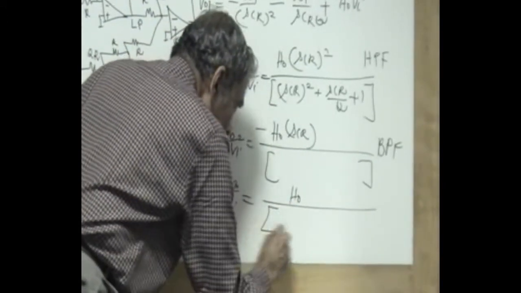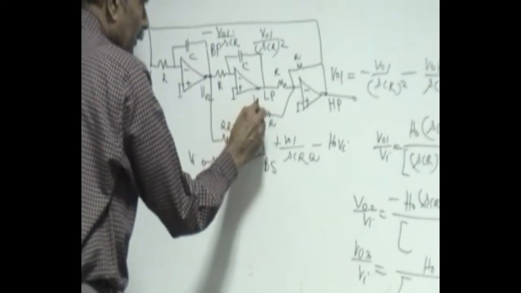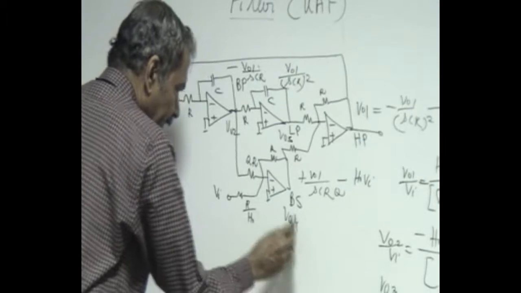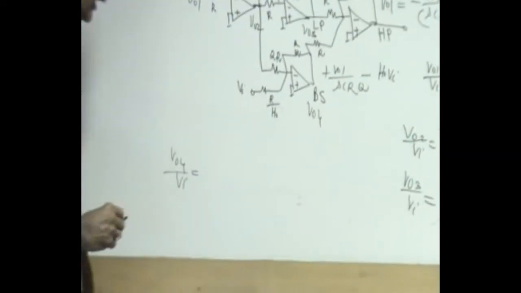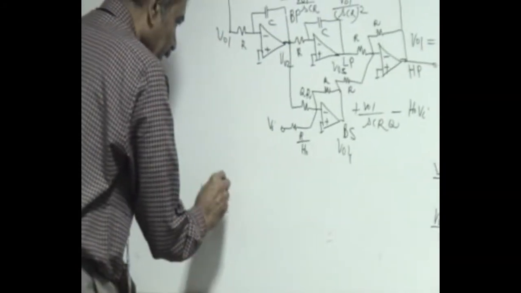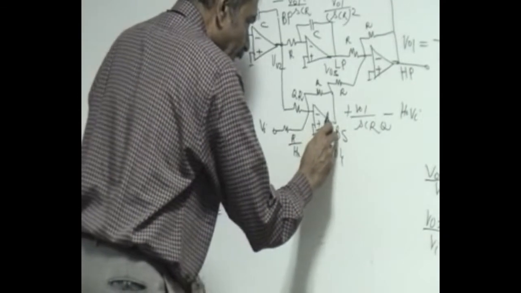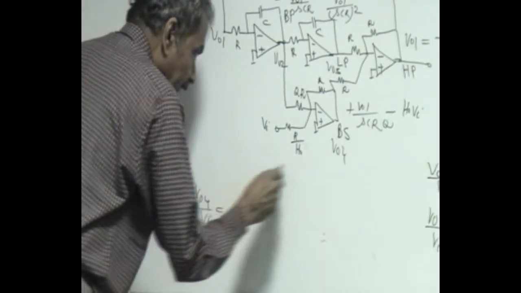One more integration. The denominator remains the same. So these are the outputs at these various points. And if you take V04, we can show that V04 by Vi is another important second order function, called all pass or band stop, or band elimination.